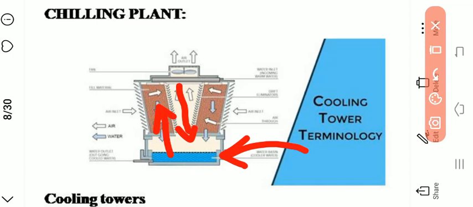This makes water cooling fast as it dribbles down the fills. When water dribbles down the fills, the exposure of water to the air increases, so that the water gets cooled.